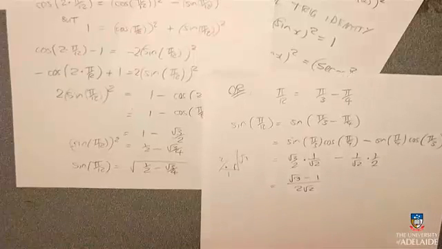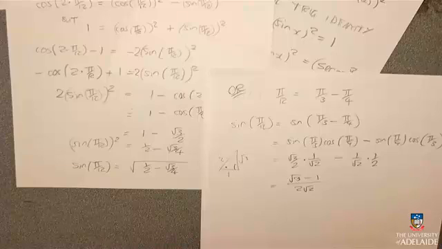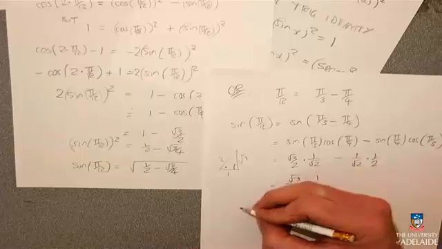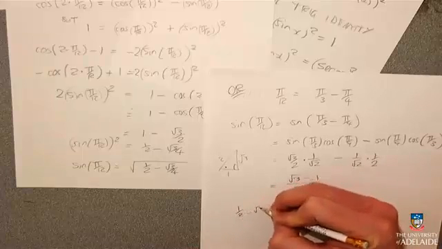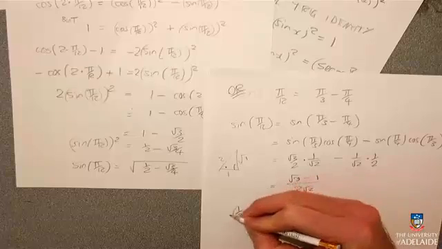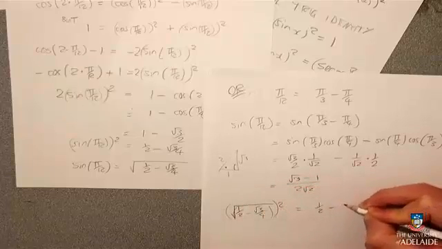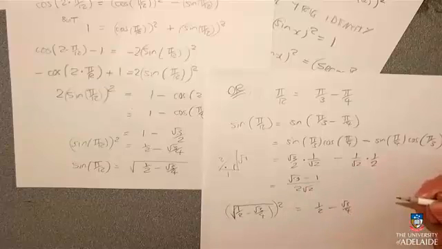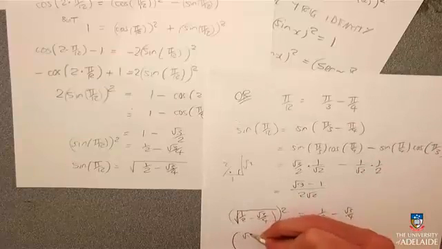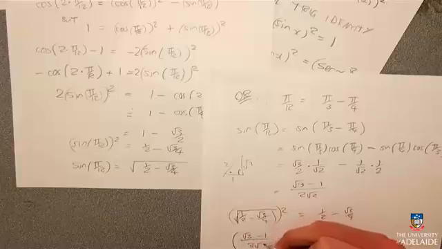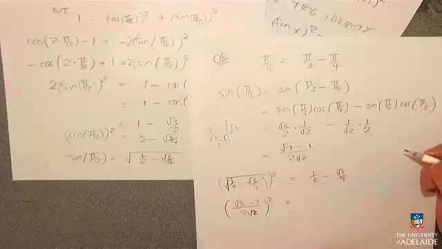Well, if they are equal, if I squared them, I would get the same answer, right? That's what I'm going to guess. Okay, I'm going to square them both and see what I get. So let's see. Half minus root 3 on 4 squared is just a half minus root 3 on 4. Beautiful. And now let's square the other one. So that means I can square the top and square the bottom separately.